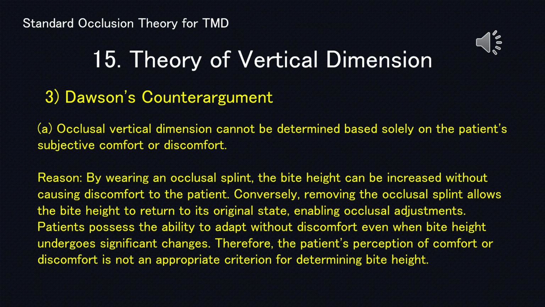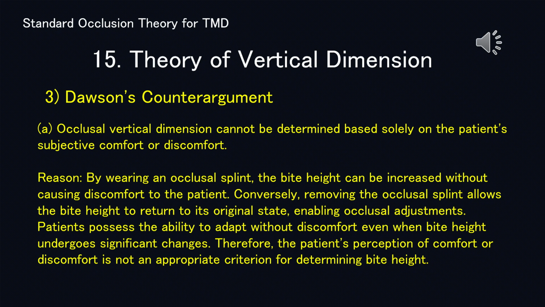3. Dawson's counterargument. A. Occlusal vertical dimension cannot be determined based solely on the patient's subjective comfort or discomfort. Reason. By wearing an occlusal splint, the bite height can be increased without causing discomfort to the patient.